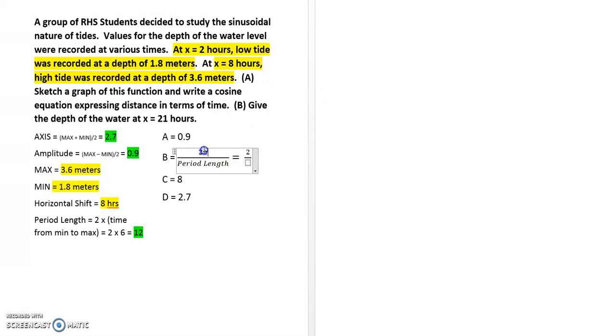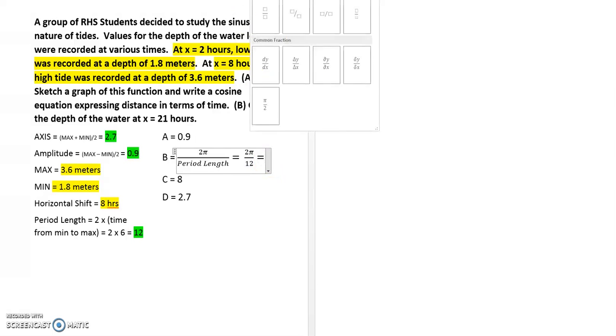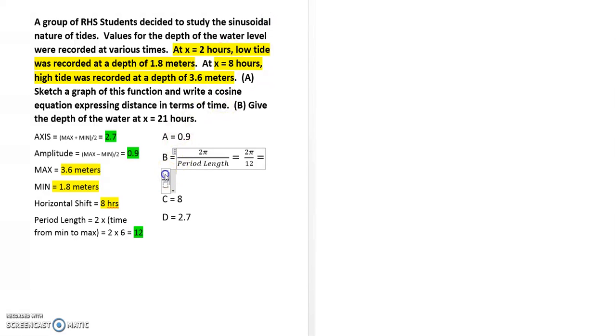So we have 2 pi divided by 12, which equals pi over 6. So now we have our A, our B, our C, and our D.